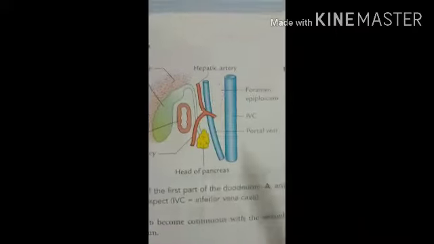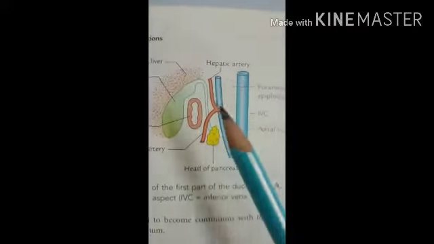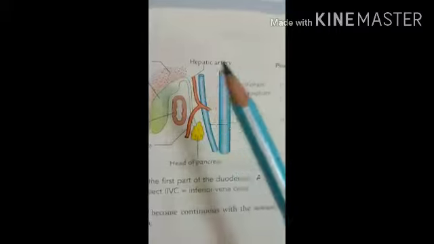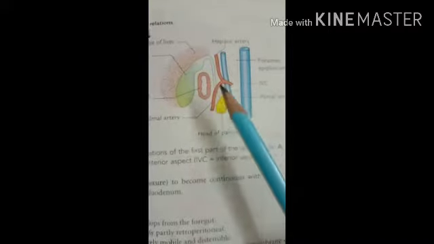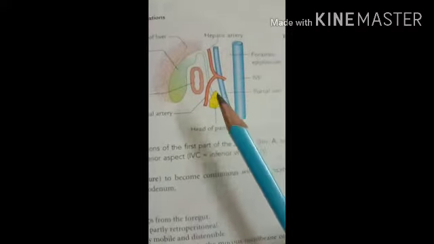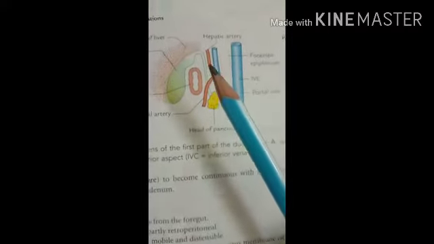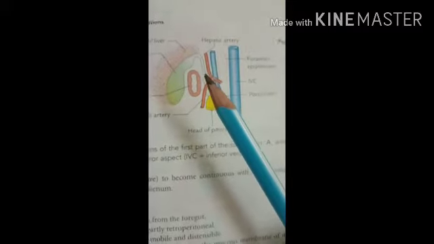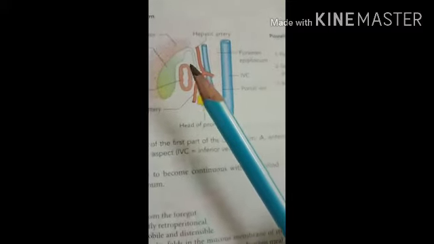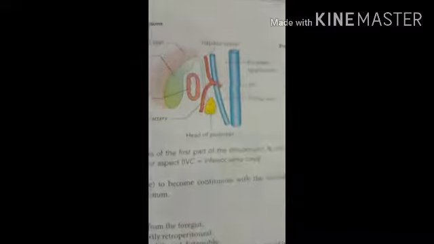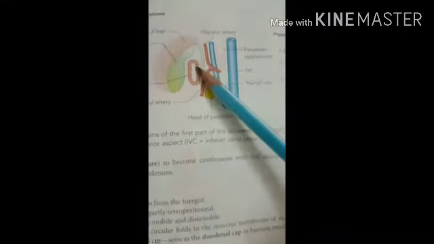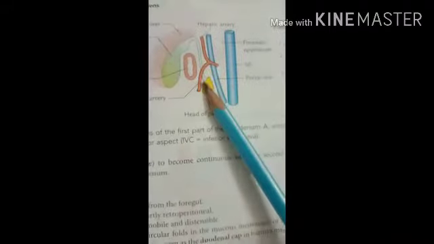Firstly, the peritoneal relations. The proximal 1 inch part, the first end part or superior part of the duodenum, begins at the pylorus and it is movable because it is covered by the peritoneal membrane.